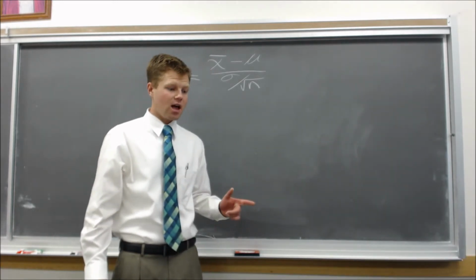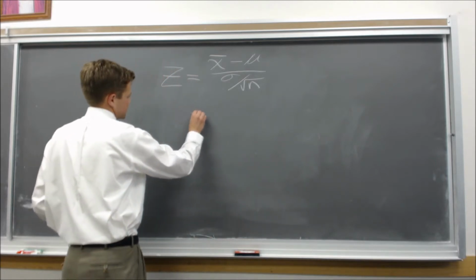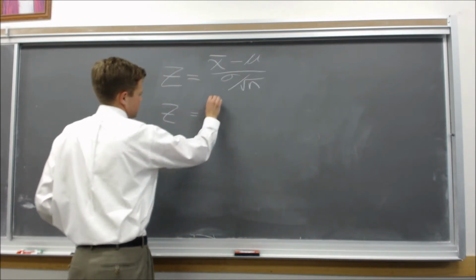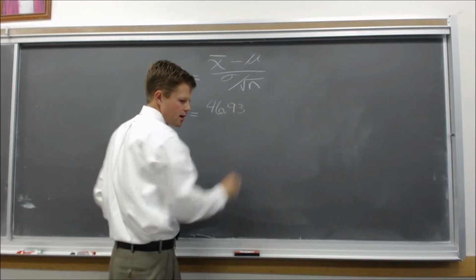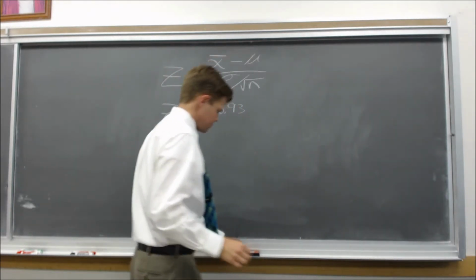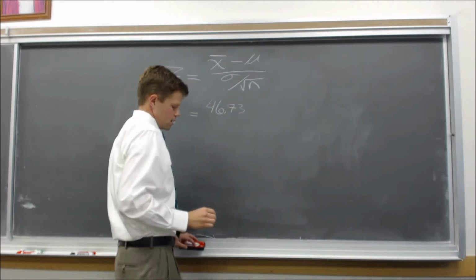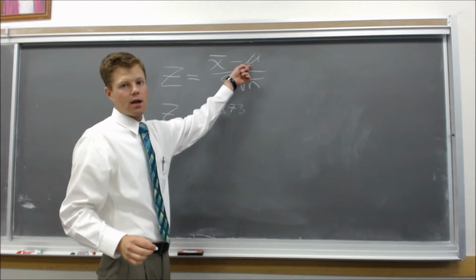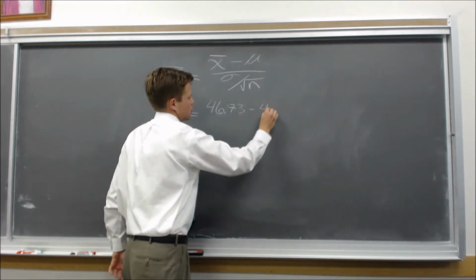As we saw in our Excel sheet, the mean of our sample was 46.73. The mean of our population, now remember that's the mean of the whole United States, we know is 47.